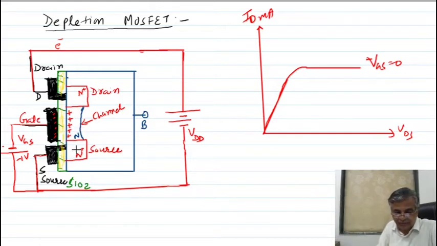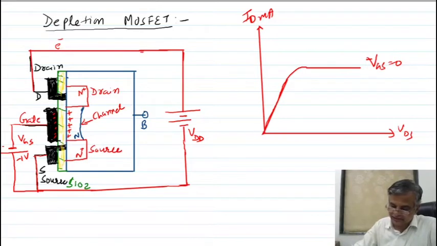So a smaller number of electrons will pass, and you will get a graph below the VGS equal to 0 graph.